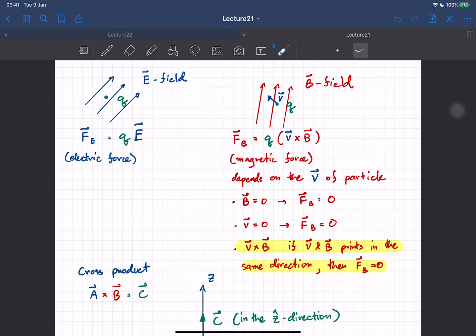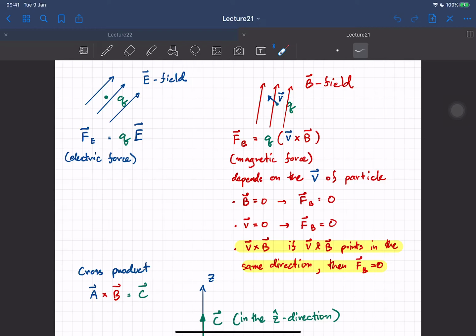So F equals Q times E. It's pretty easy to understand because no matter how complicated your situation is, the only thing you need to know is what the electric field is at that point, and just multiply by the charge. Okay, so if you have positive charge, then the force is pointing in the same direction as the electric field. If you have negative charge, then the electric force will point in the opposite direction, and that's it.